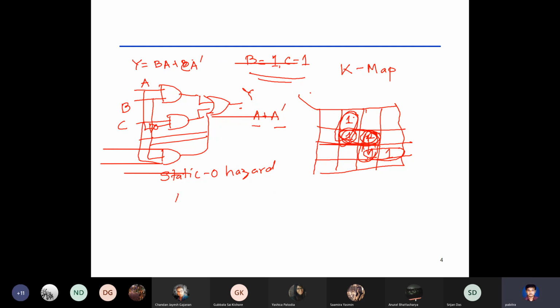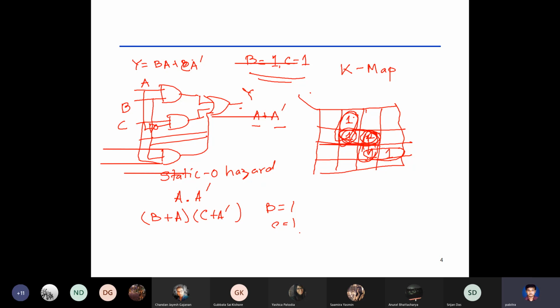Okay, so static zero hazards occur due to this kind of situation. When can this happen? For some combination of inputs, say like this, when B is 1 and C is 1, this can happen.